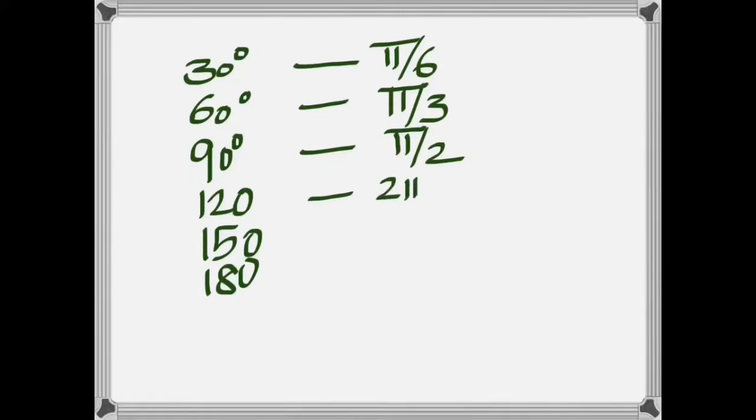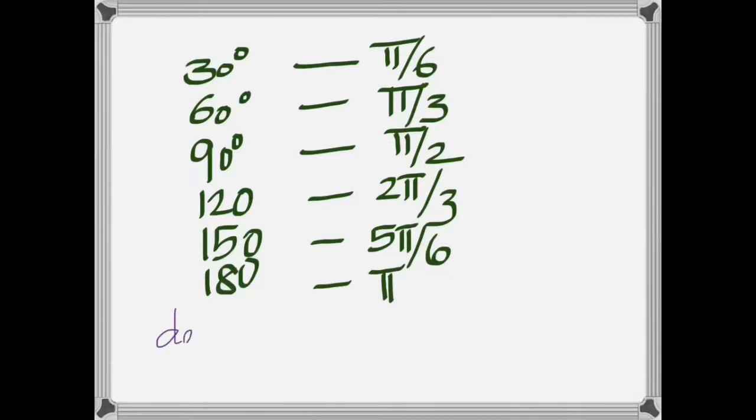Need not memorize these numbers. Of course, you know that 360 degrees is 2 pi, correct? So 180 degrees is pi. But here is the formula. If you get the angle in degrees, multiply it by pi, divide by 180, you will get the angle in radians.